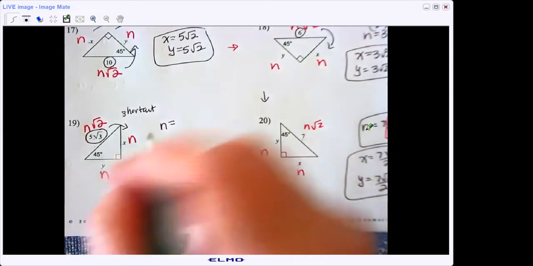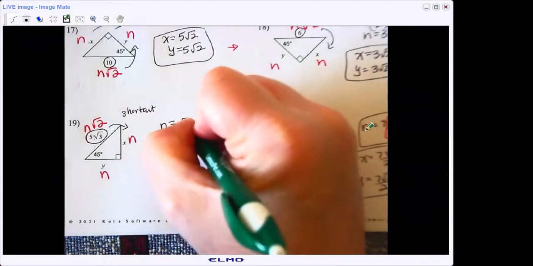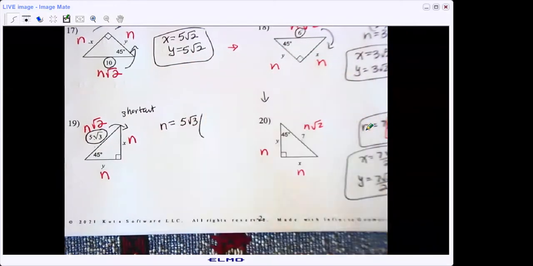So we've got 5 root 3. And what does my shortcut look like? What does my shortcut look like, guys? Is it root 2 what?